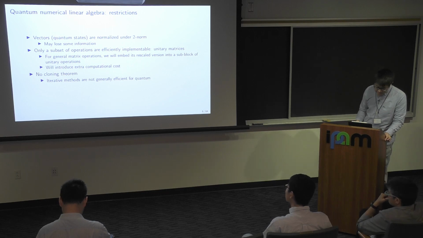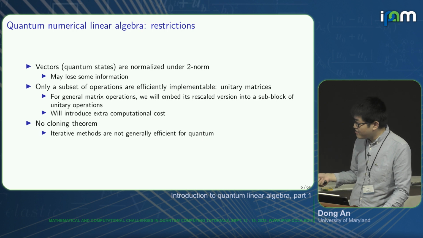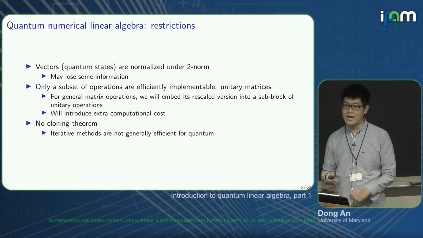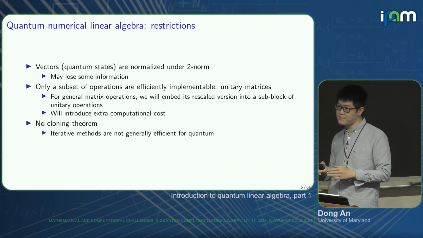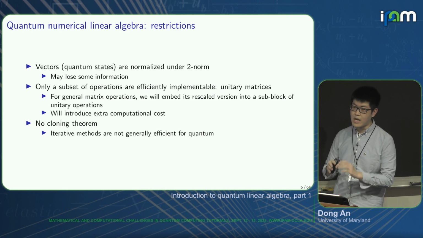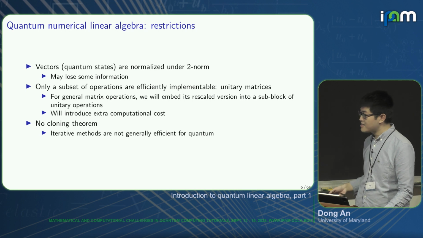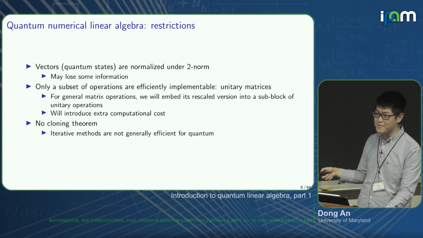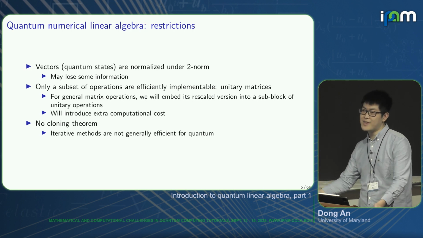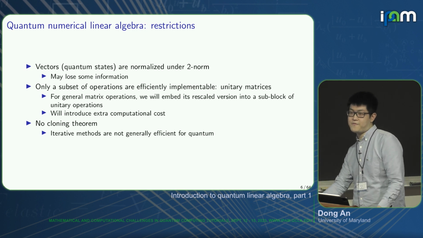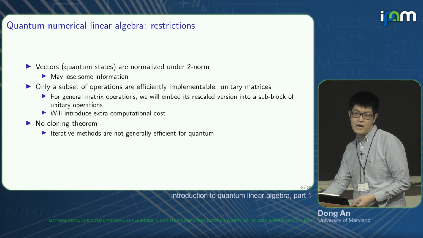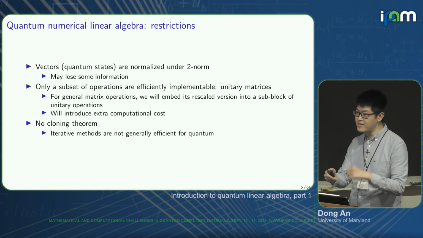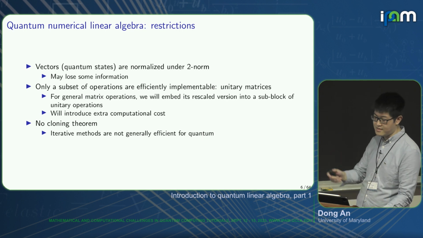The third restriction I'm listing here is the no-cloning theorem, which basically says that if you have an unknown quantum state or unknown vector, it is impossible to make a copy of this state. This is interesting from a numerical linear algebra perspective. If you're familiar with iterative algorithms, for example conjugate gradient or GMRES for solving linear systems, they iteratively find the desired solution.